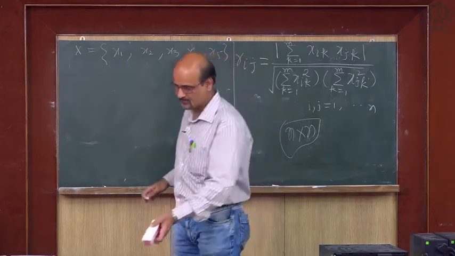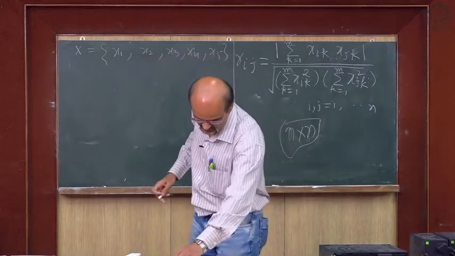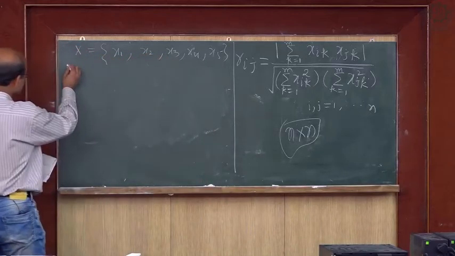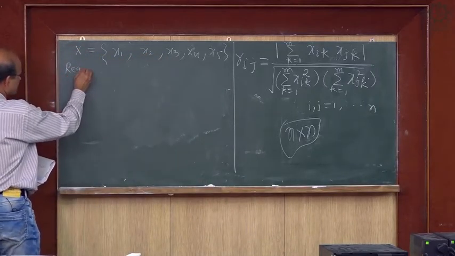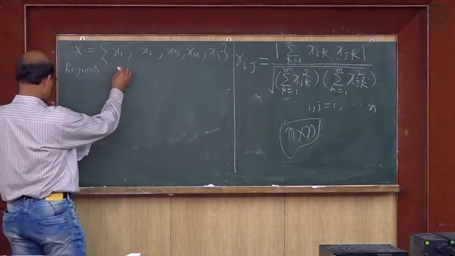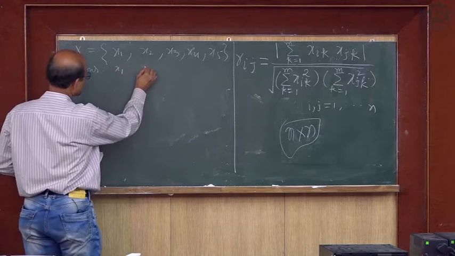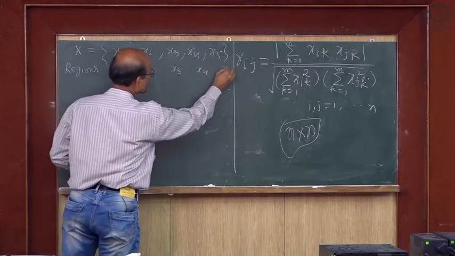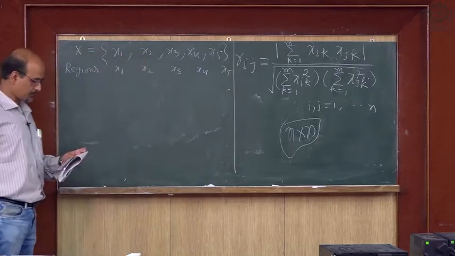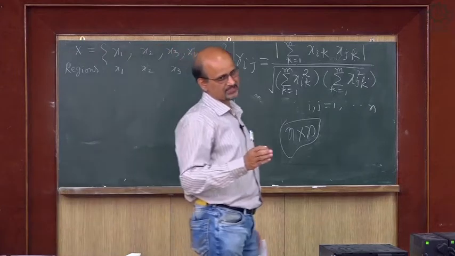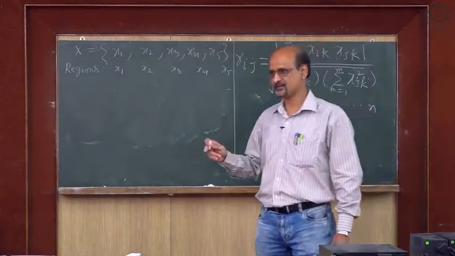Now, the data are given, meaning the membership function. So, I will write the regions x1, x2, x3, x4, x5, and I told you that I have to divide this as per the damage criteria.